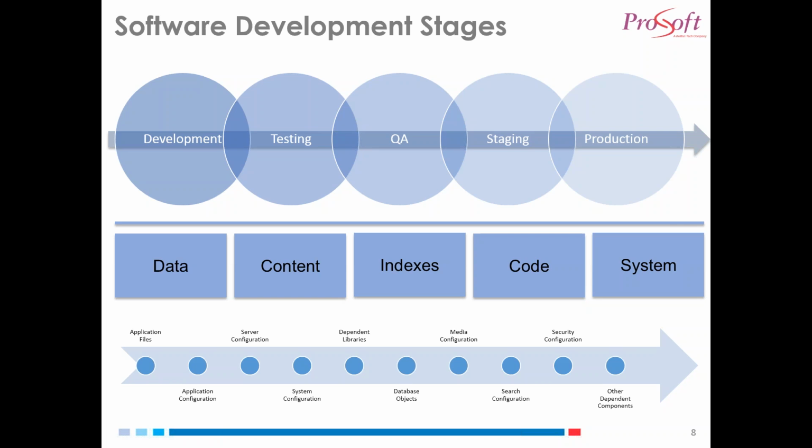So, seeing this in context, what are the things which go from development to production? There are application files, configuration, server configuration, system configurations, dependent libraries, database objects and configuration, media configuration, search configuration, security, and other dependencies. There are many aspects which are part of moving from one environment to another.